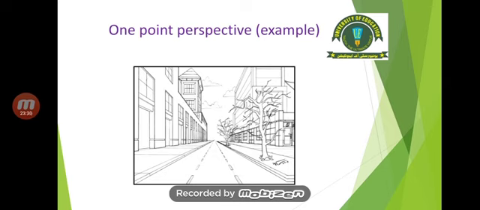All the diagonal lines of the architecture are moving towards the vanishing point where all the lines vanish. So 1 point perspective really helps to achieve a three-dimensional effect on a 2D surface.